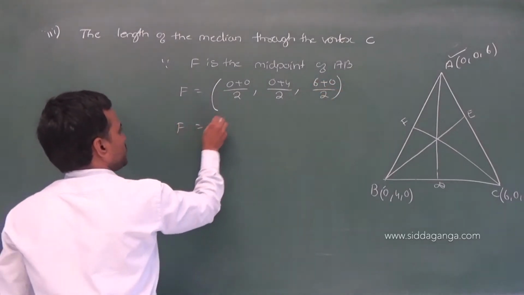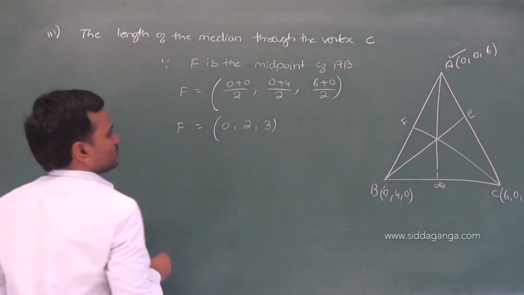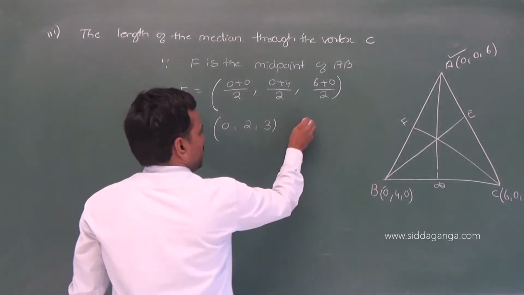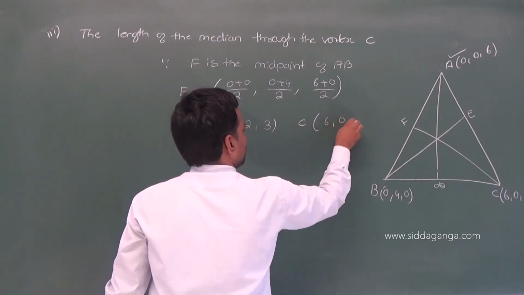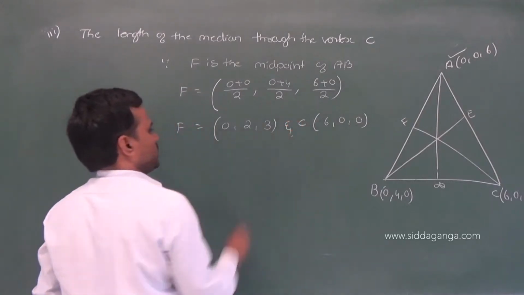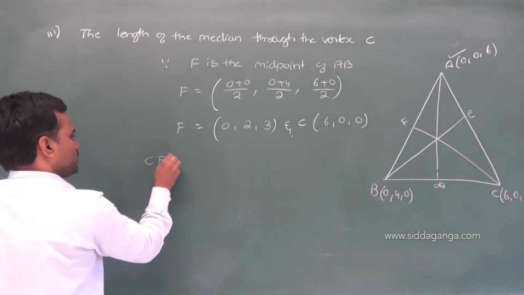That is F equal to (0, 2, 3). And coordinate of C is given as (6, 0, 0). So the length of the median to the vertex C means CF.